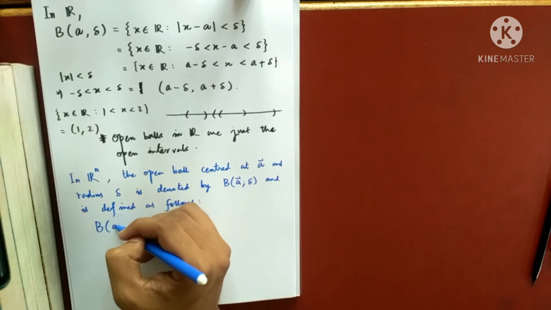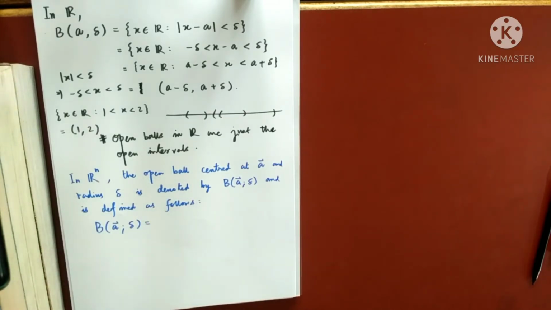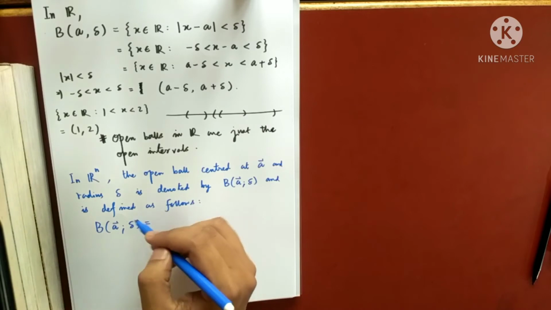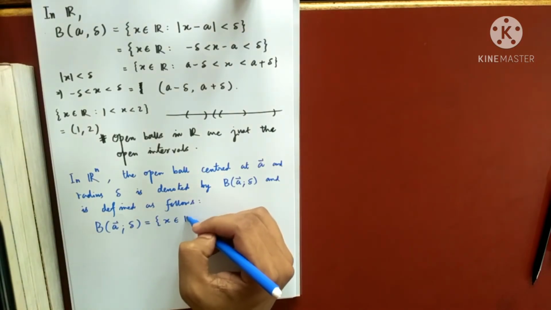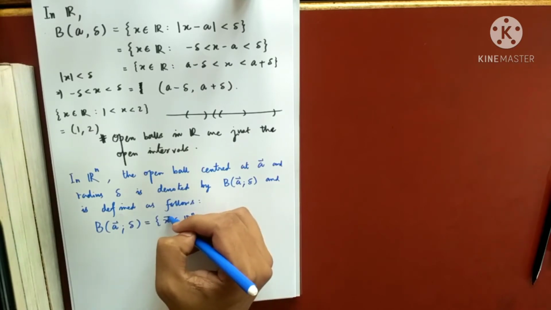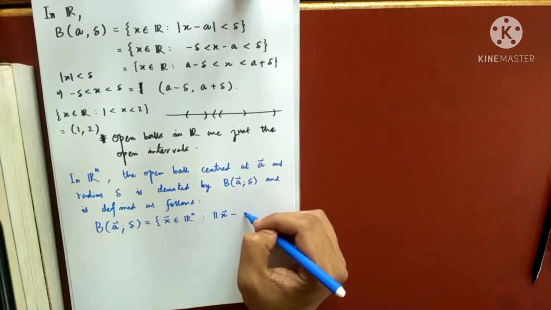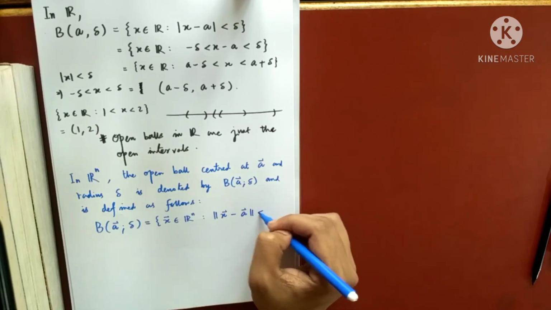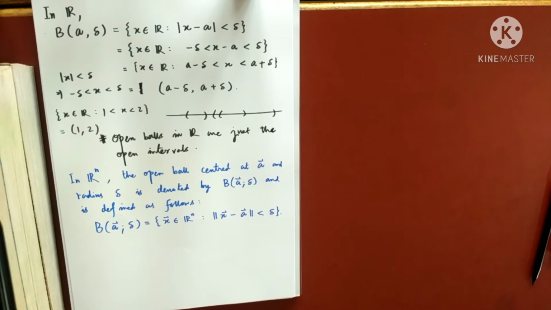Ball centered at A and radius delta is nothing but this. So it is defined like this: all those x in Rn, so I am talking about vectors, such that norm of x minus a is less than delta. This is the general definition for any n greater or equal to 1.